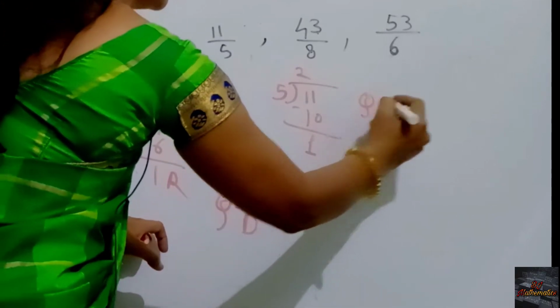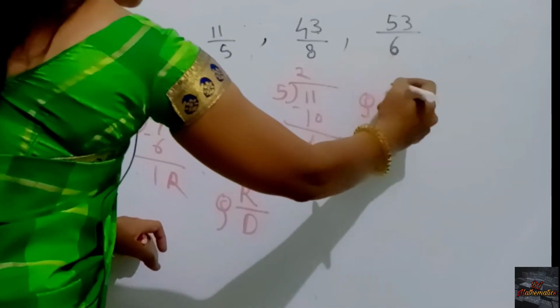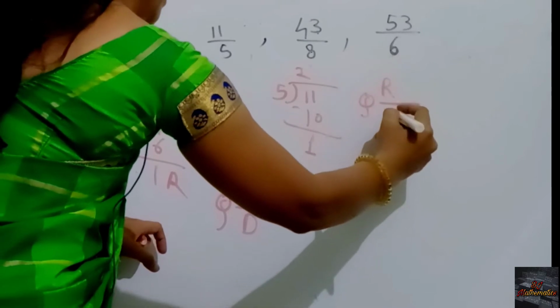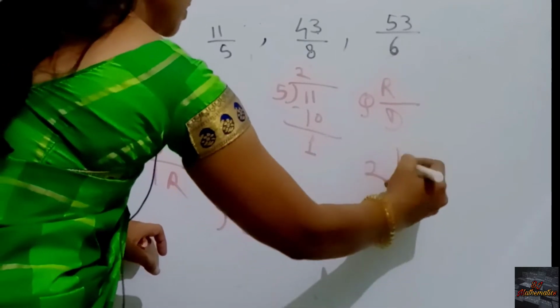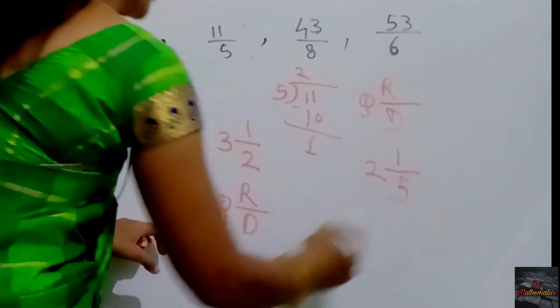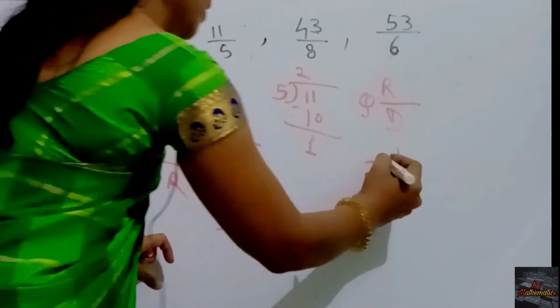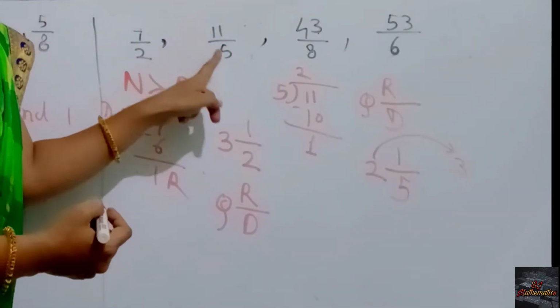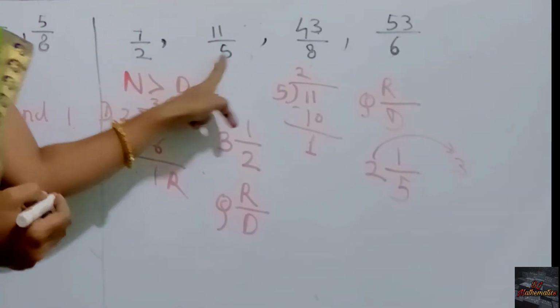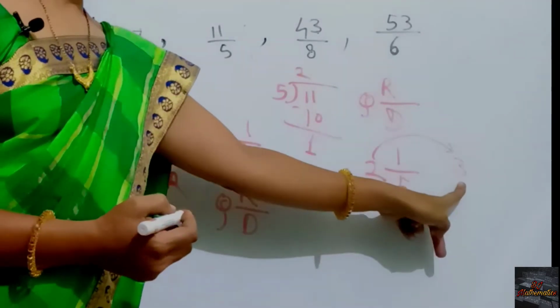Now quotient, integer, remainder by divisor. Quotient is 2, remainder is 1, divisor is 5. Number next to 2 is 3. Means 11 by 5 lies between 2 and 3.